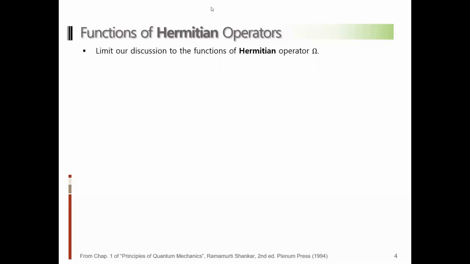In the previous page, I didn't require that the operator used for the function should have any kind of property, but from now on, I will mainly limit our discussion to functions of the operator which is Hermitian. So function of the Hermitian operator will be our interest.